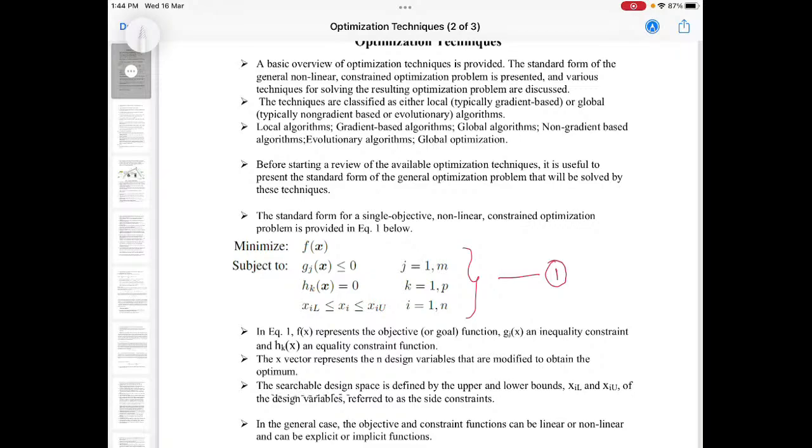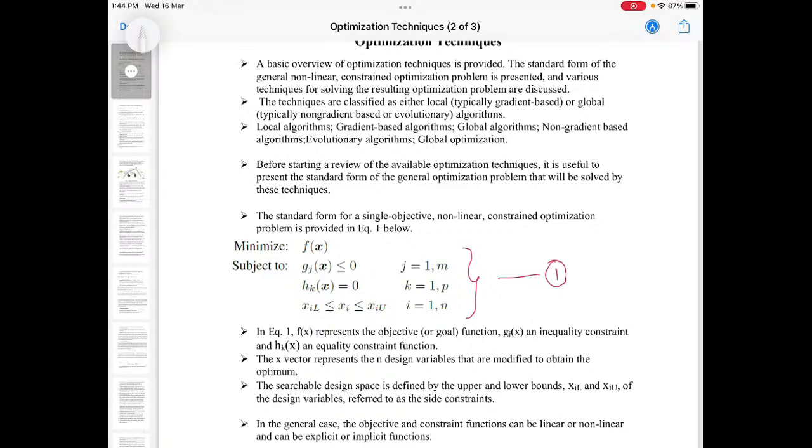The searchable design space is defined by the upper and lower bounds, that is xil and xiu, as shown in the equation, and these are referred to as the side constraints. Other constraints, apart from the equality and inequality constraints, are called the side constraints.